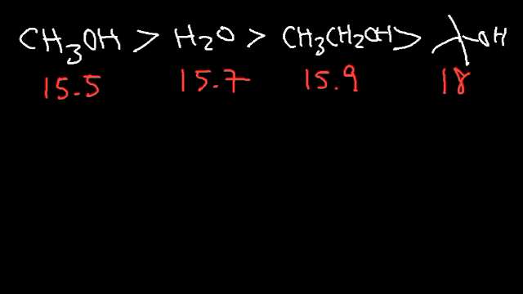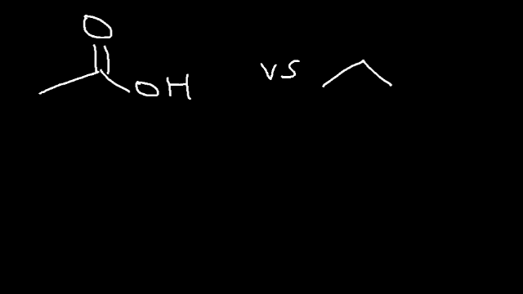So let's say we have acetic acid versus ethanol. The pKa of this particular carboxylic acid is about 4.7, and for this alcohol it's 15.9.